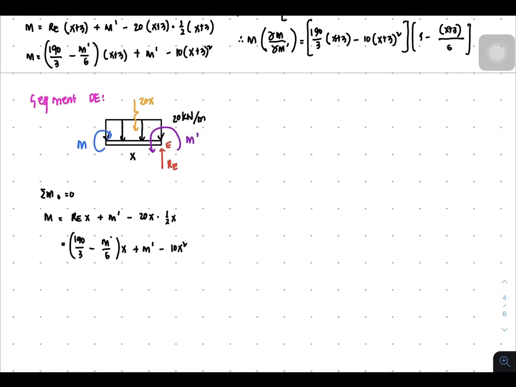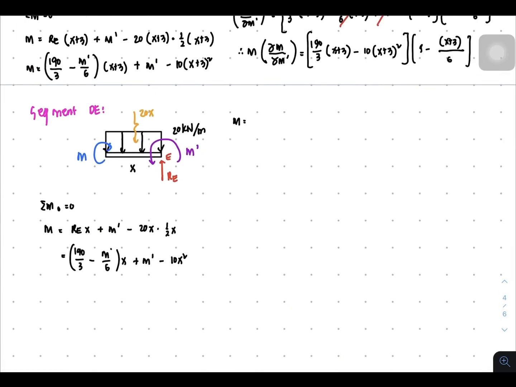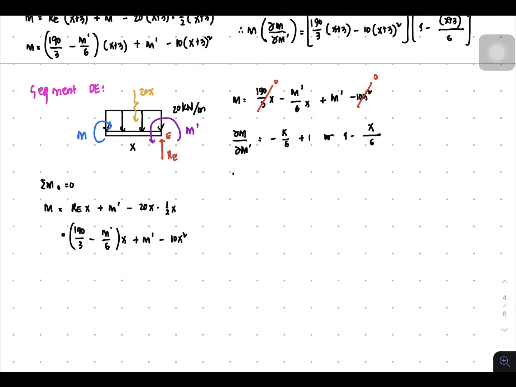And simplifying further, the moment equation is equal to 190 over 3x minus M prime over 6x plus M prime minus 10x squared. And those with no M prime, set them to 0 first for the meantime. So now the partial derivative of the function is negative x over 6 plus 1, or that's 1 minus x over 6.